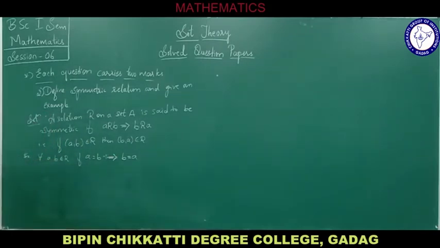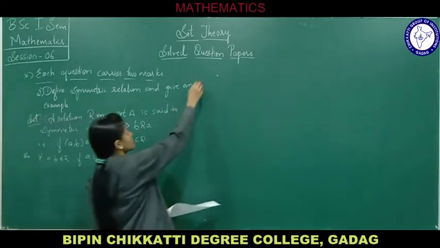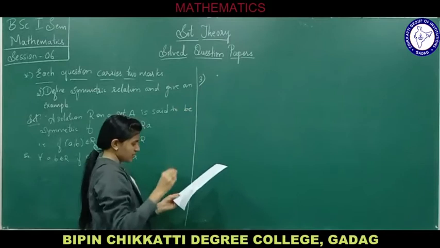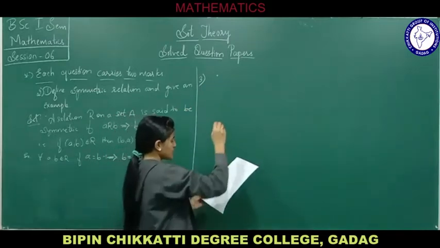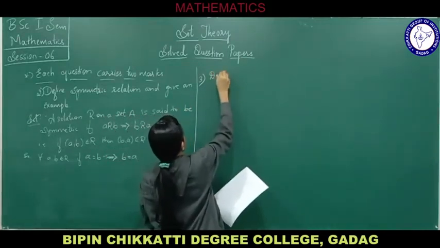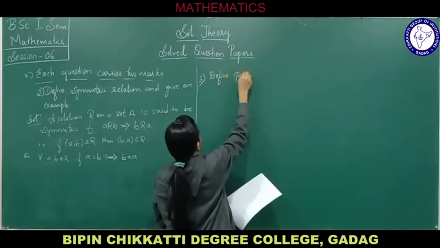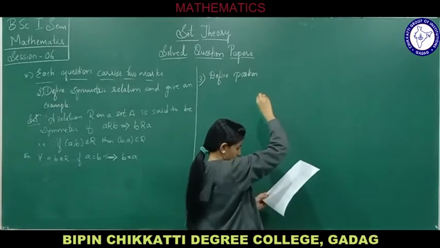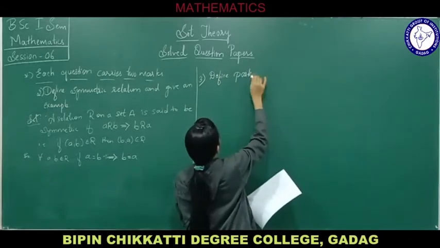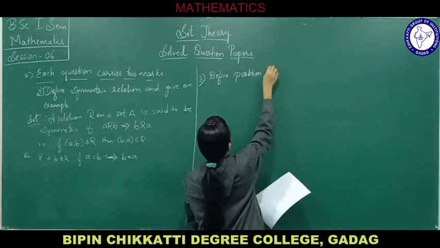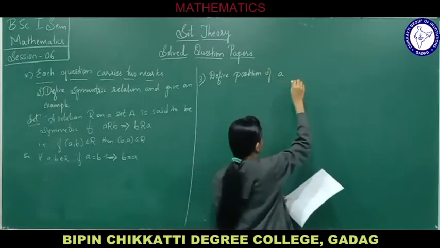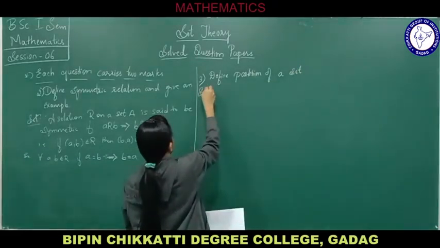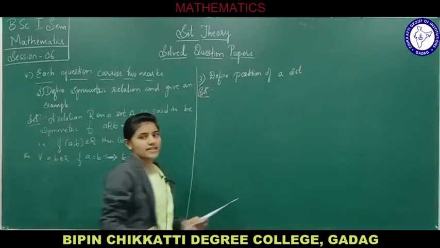What is the third question given? Define partition of a set. So how are we going to define the partition of a set?